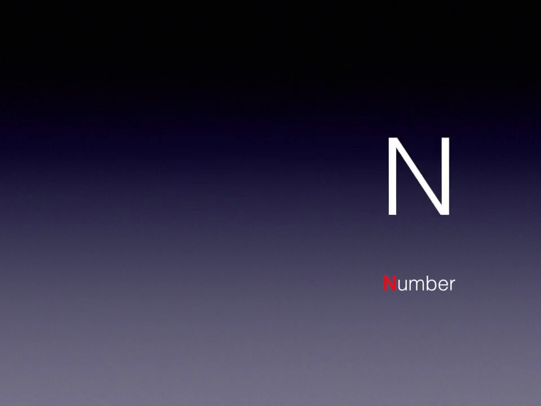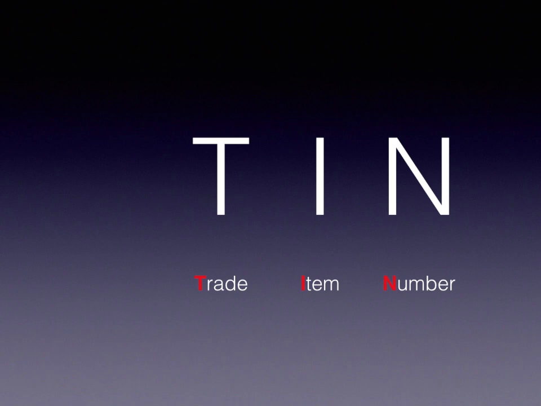But in the end, in 2009, the whole thing got unified because, well, all these acronyms, that's really confusing everybody. It's really just a number of an item that is traded, and the thing is supposed to be working globally. And there you have the acronym that replaced the UPC, the EAN, and the JAN.